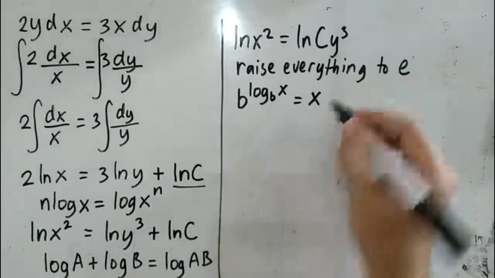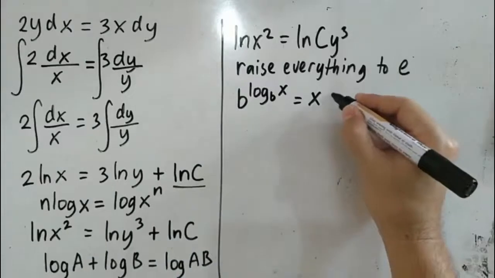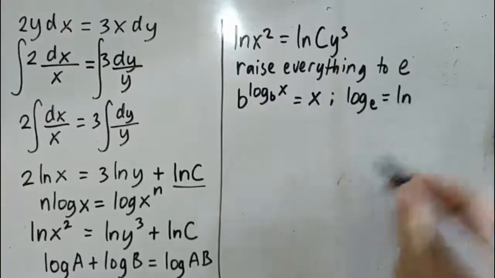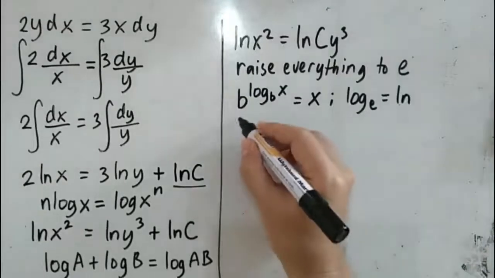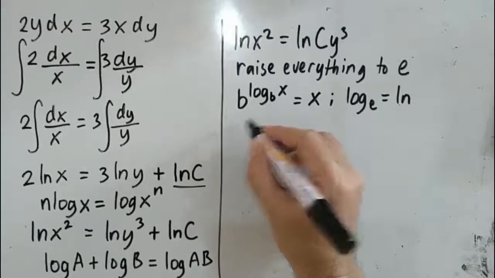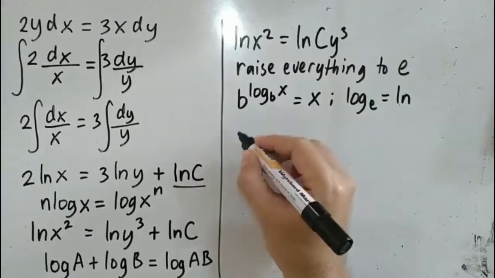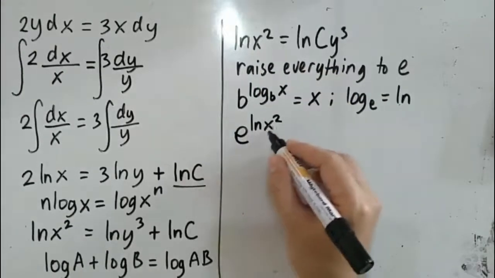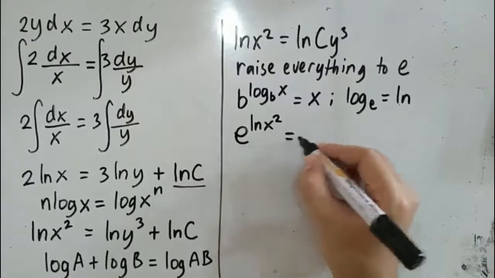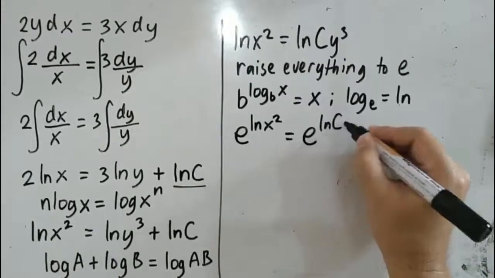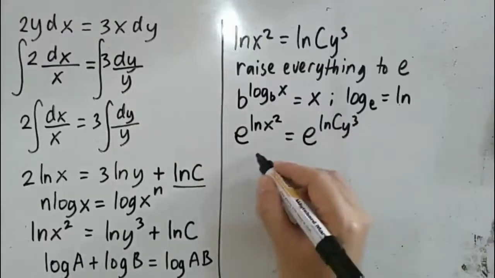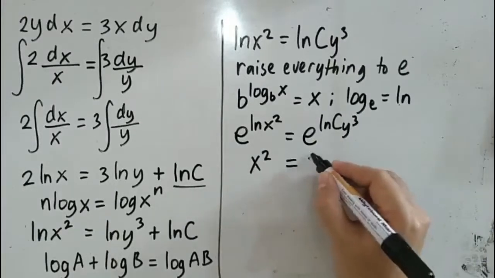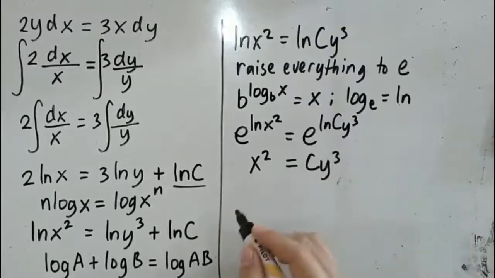And since for natural logarithm the base is e, this principle follows that if we raise ln of x squared to e and ln of c y cubed to e, we would have x squared equals c y cubed.